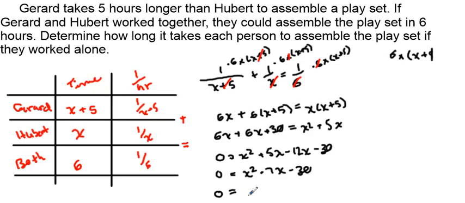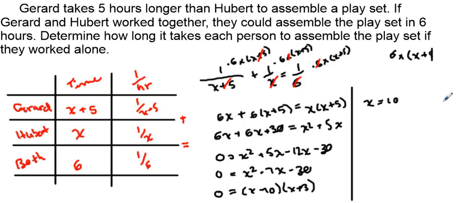So now I'd like to factor that. So two numbers that multiply to give me negative 30 but add to give me negative 7 would be a negative 10 and a positive 3. So using the zero product property, what I get next is that X equals positive 10 or X equals a negative 3.